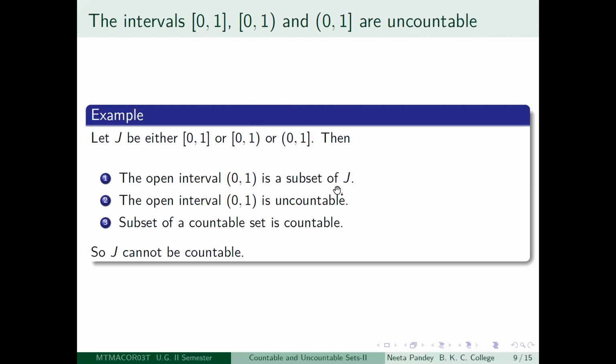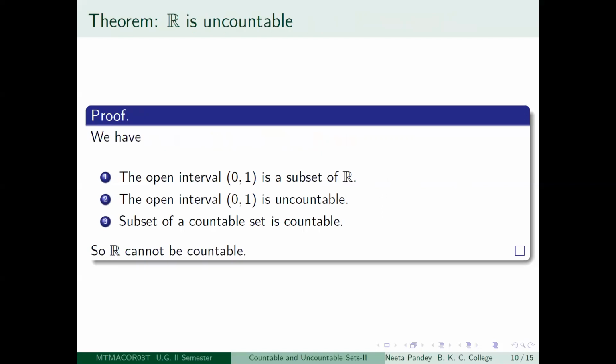So its superset has to be uncountable, because if J was countable, then its subset would have to be necessarily countable. But we have seen that the open interval (0,1) is uncountable, so that implies that any of these three sets is also uncountable.